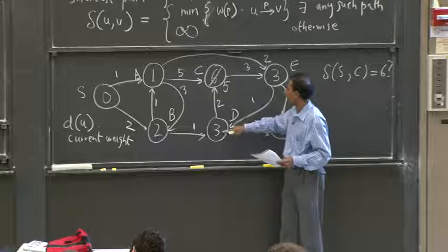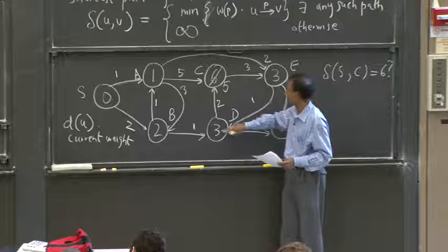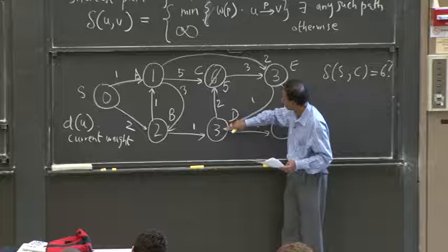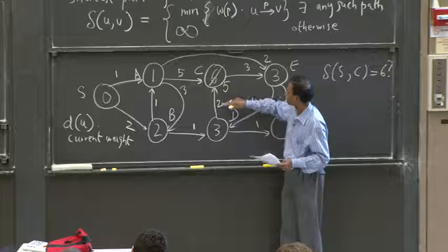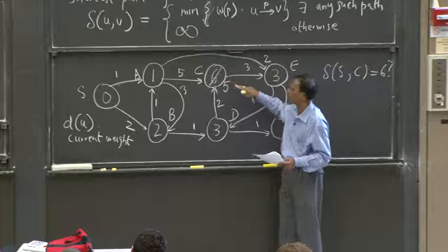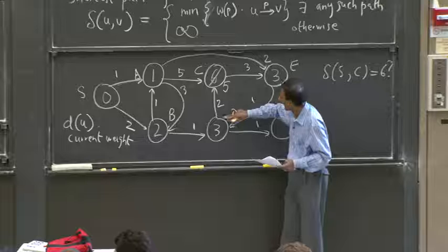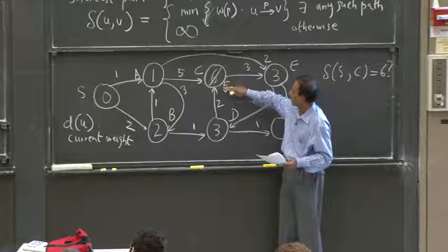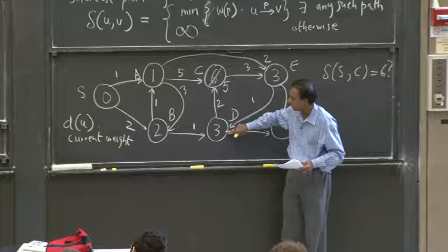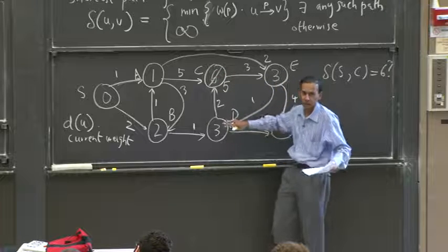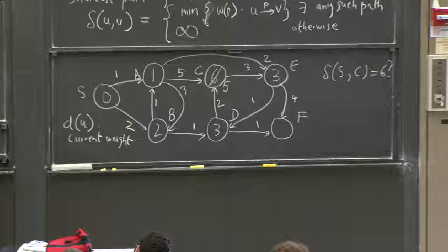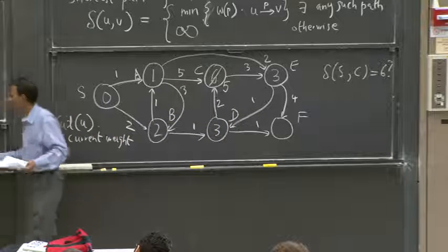On the other hand, 6 is greater than d of the vertex D, which happens to be 3, plus 2, and since 5 is less than 6, I can relax this edge and update the value of 6 to 5. All right? And then I update the predecessor relationship to have pi of C be D. Okay? That's the notion of relaxation. Fundamental notion, we're going to use it in every algorithm that we talk about. When do you stop?